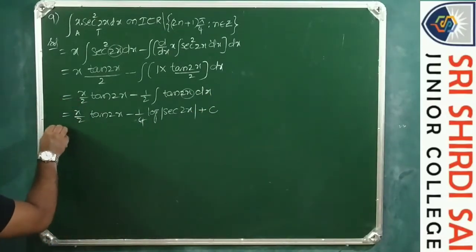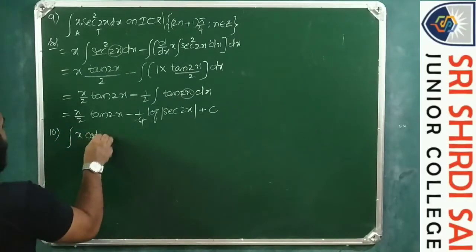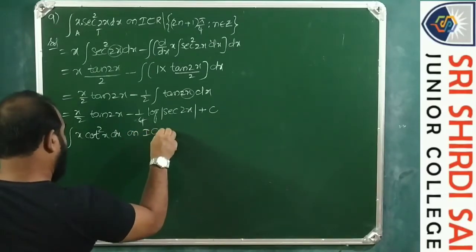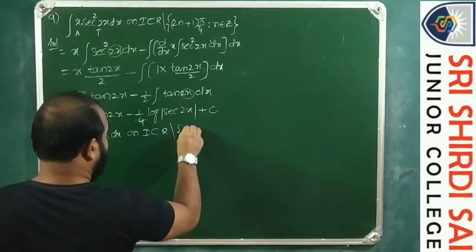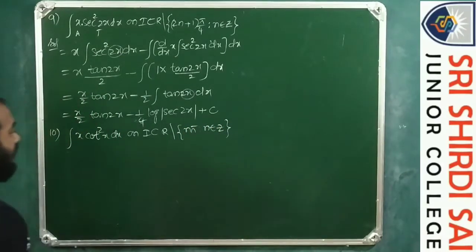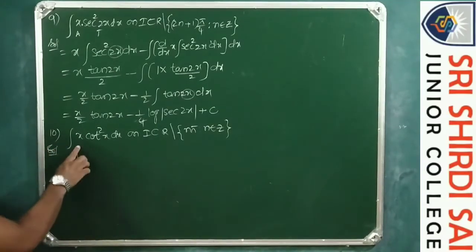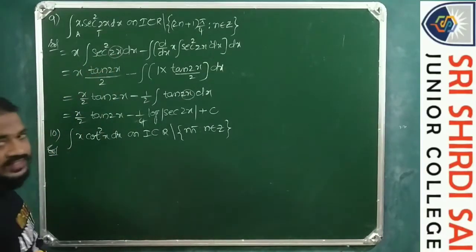The next question is integral x cot square x dx on I is subset of R, x not equal to n pi, n belongs to Z. So this is equals to integral cot square x dx we don't have.